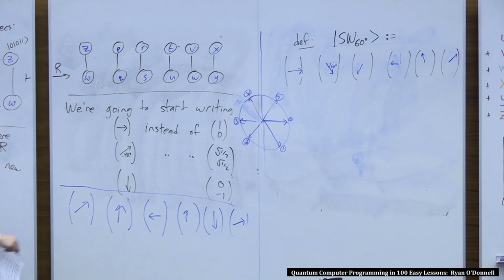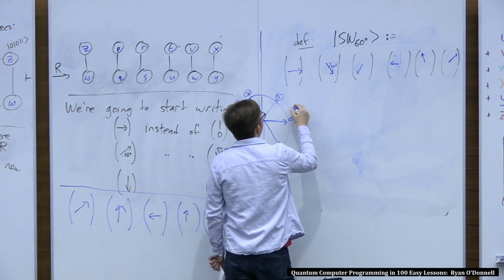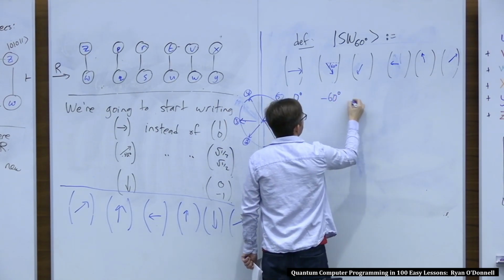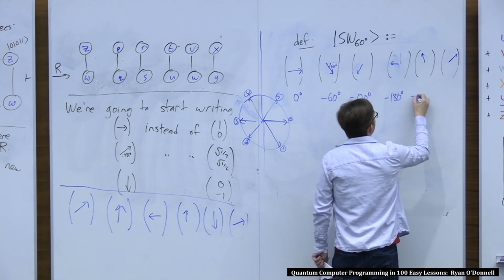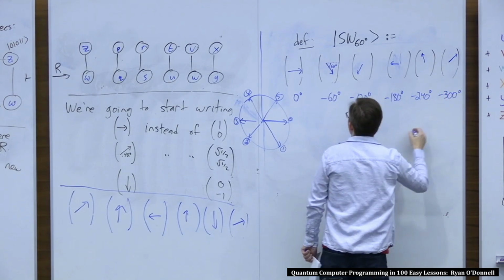OK, so as I said, the angles of these vectors here are 0 degrees, negative 60 degrees, negative 120 degrees, negative 180 degrees, negative 240 degrees, and negative 300 degrees.